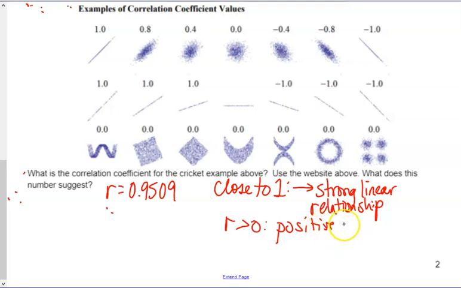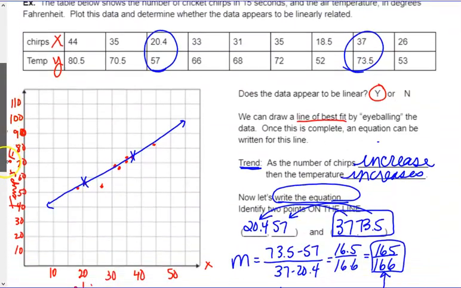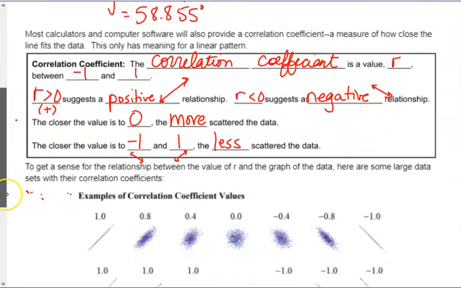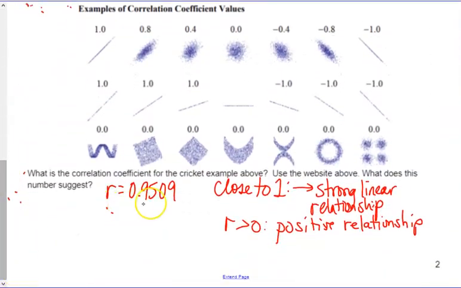Doesn't that match if I look at my scatter plot, which is just a graph of points, if we go back to the first page? Notice that we did have that positive increasing pattern with our line. Therefore, that R value should be positive. It should be greater than 0, which it is. So it would be a strong linear relationship, and we also have a positive relationship where it is going upward.